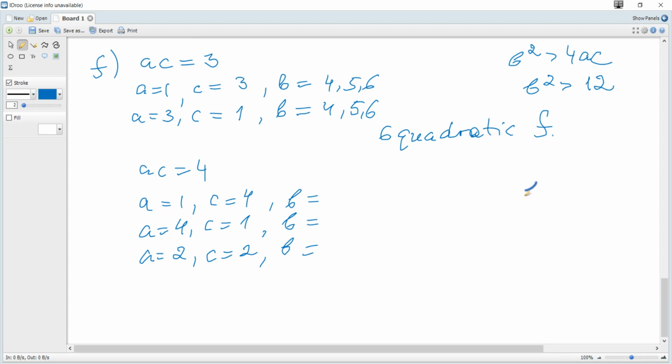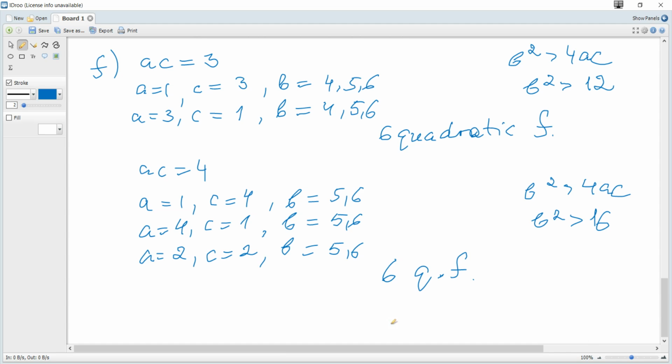For B, B squared is greater than 4AC, so B squared is greater than 4 times 4, 16, so B is 5 or 6. So 2, 2, 2, and so 6 quadratic functions in total.